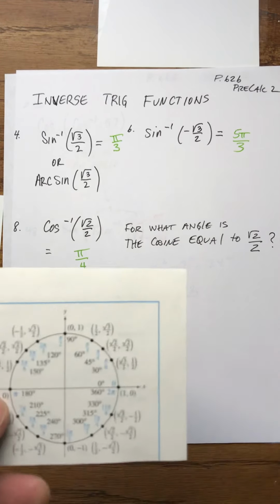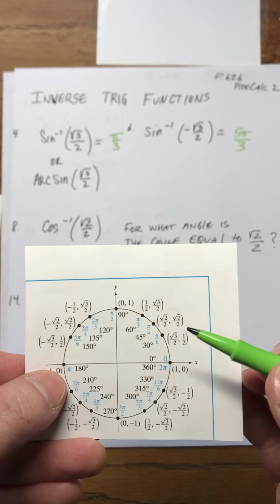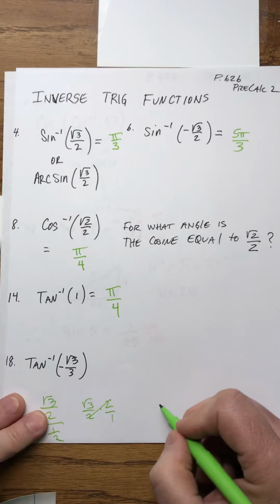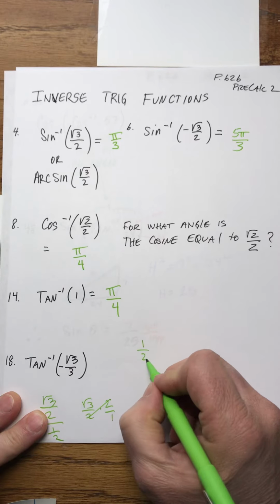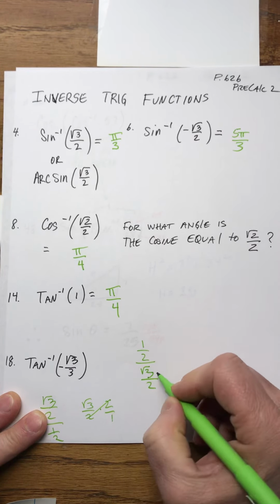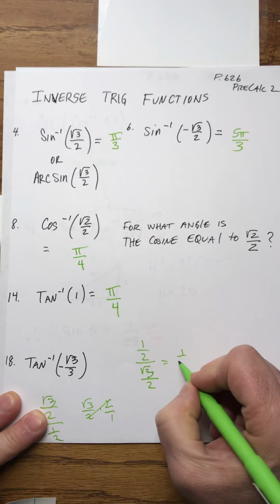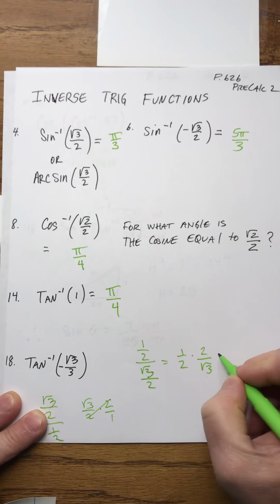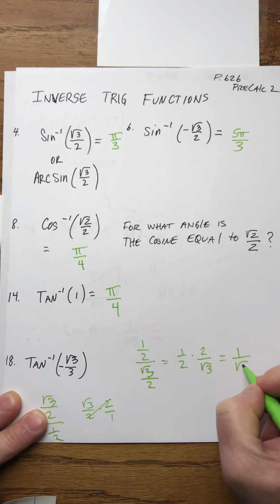Well, so that's not it. So maybe it would be the other one. This 1/2 over square root of 3 over 2. If I multiply this up top, I'll get 1/2 times 2 over square root of 3. The 2's cancel out. I get this.